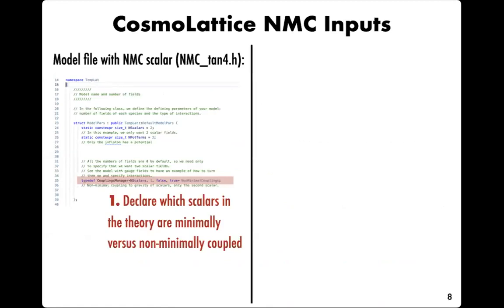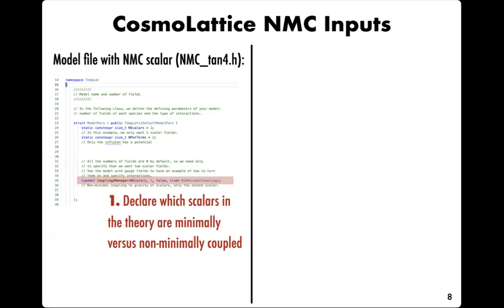Essentially, there's only a couple of differences. If you open your normal model file, you need an extra line that tells the model file, out of all the scalars that you have in your theory, which of them are non-minimally coupled to gravity.